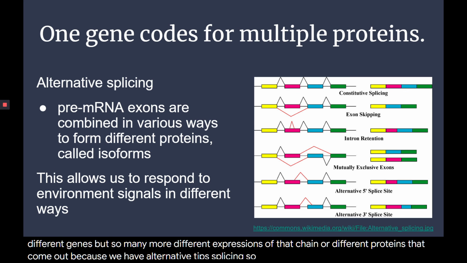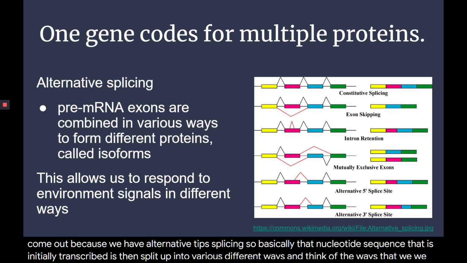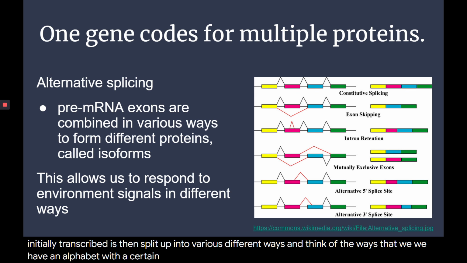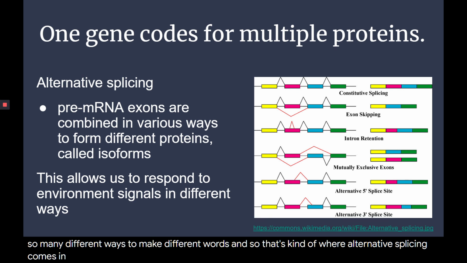Basically, that nucleotide sequence that is initially transcribed is then split up in various different ways. Think of how we have an alphabet with a certain amount of letters, but you can mix up that alphabet so many different ways to make different words. That's where alternative splicing comes in. And this also allows us to respond to our environment signals in different ways.